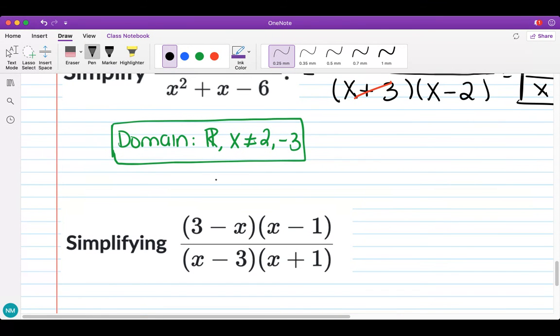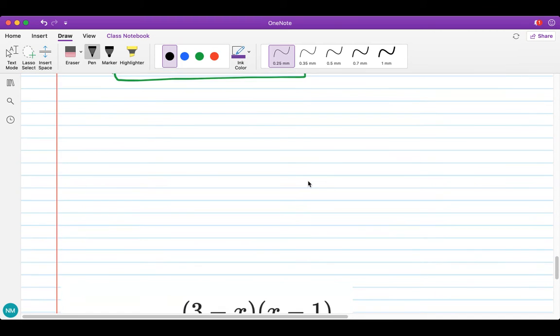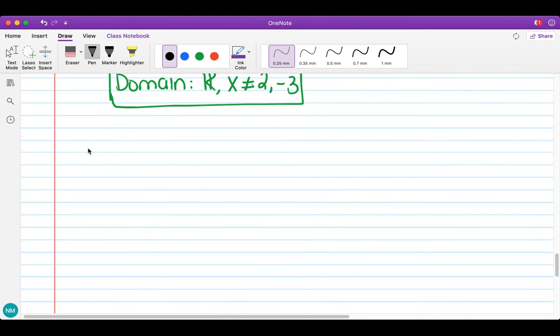Okay, before I do this, I just want to do a quick review problem of slide and divide, right? So if I have something like, oh God, I hate making up problems off the top of my head.